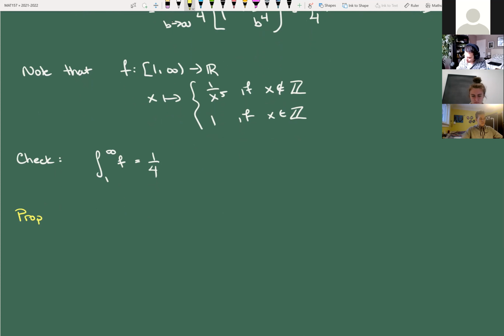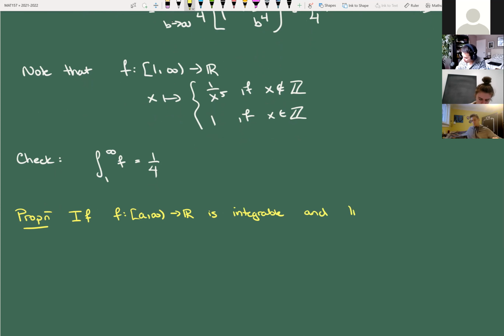So let's try this. If f maps a to infinity to R is integrable, and the limit as x goes to infinity of f of x is equal to L, for some L not equal to 0, right?